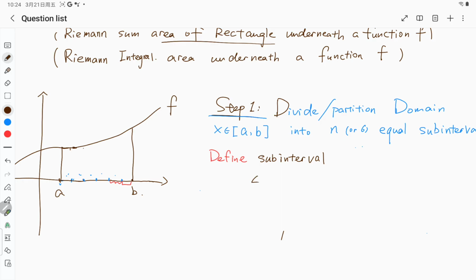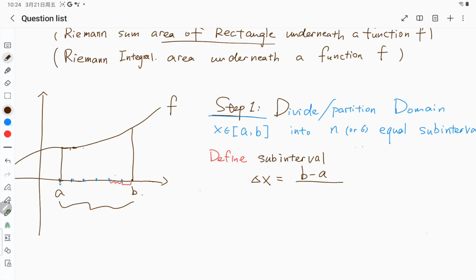What is delta x? I think you can calculate it, right? The whole length is b minus a, and then we just divide by the number of pieces, n, because I'm not able to draw n pieces when n is very large, because I'm a human.